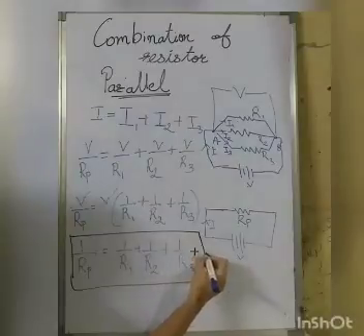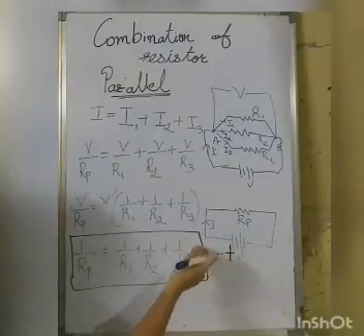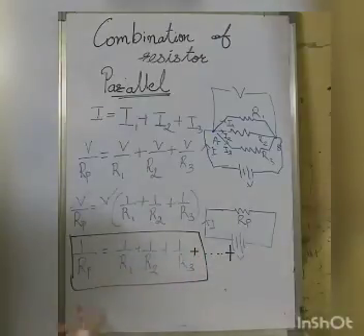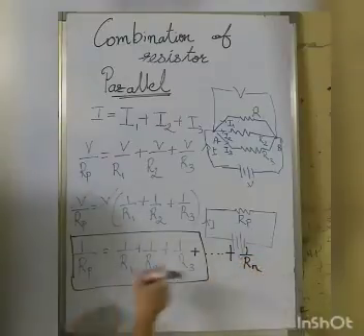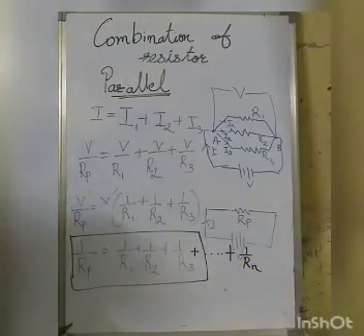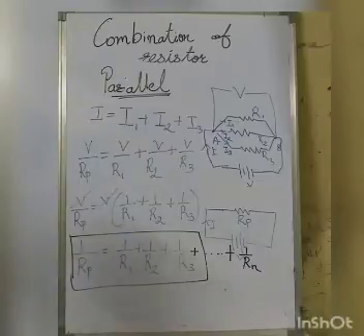However many resistances there are, you can just add their reciprocals. That is 1 upon R4, 1 upon R5, such that 1 upon Rn. And you can find out the equivalent resistance for your given parallel combination. I hope you are clear with this topic.